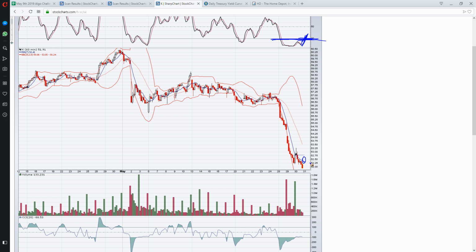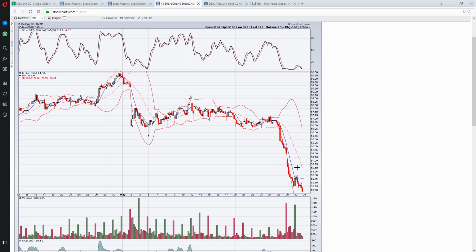They oftentimes will happen together, but if you just have one and not the other, it's normally not as accurate. Kellogg's here is something with a very overdone CCI. You want a snapback trade? Go to the hourly, look for the stochastics to move above 20, and there will be the opportunity to jump into Kellogg.